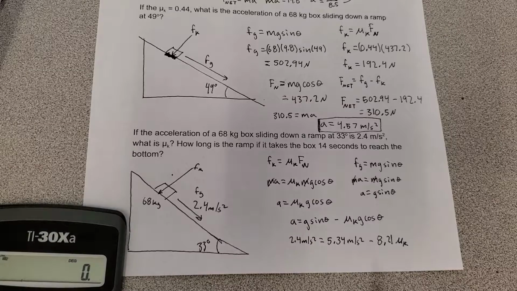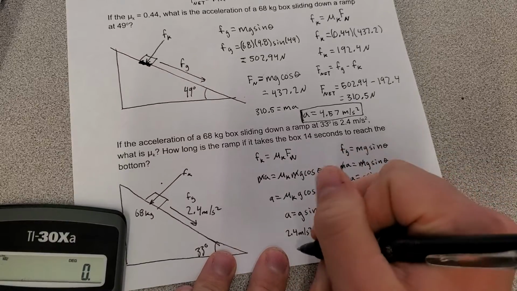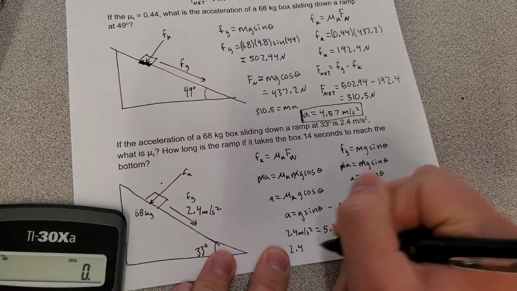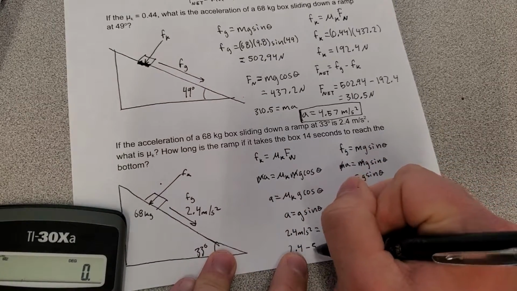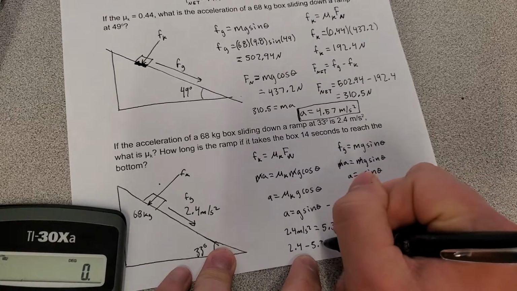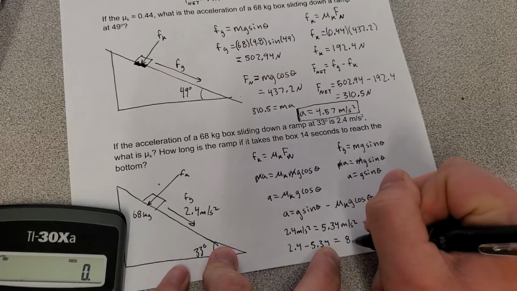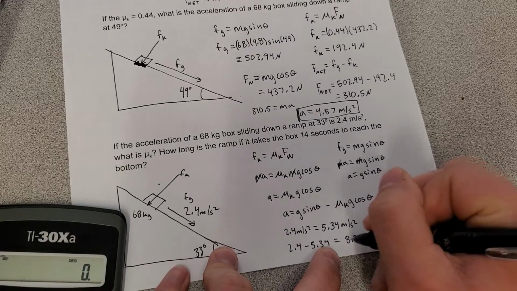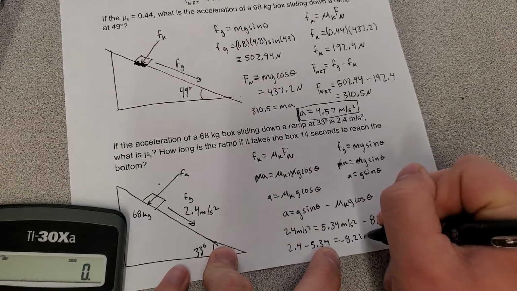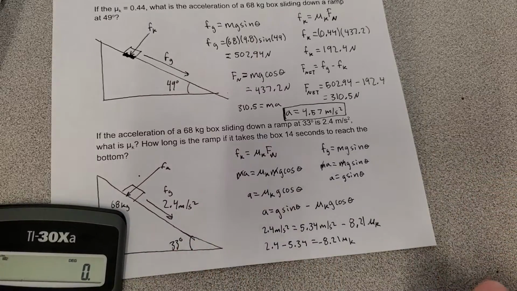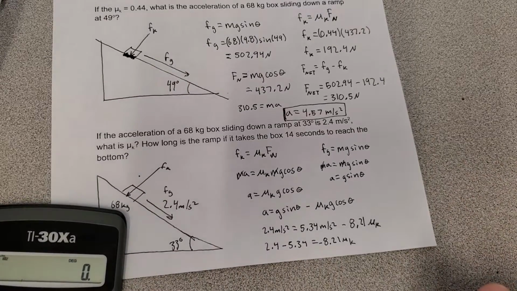So now let's subtract this over. So we get 2.4 minus 5.34 is equal to negative 8.21 times mu. Okay, I should have done that the opposite way. That's fine.